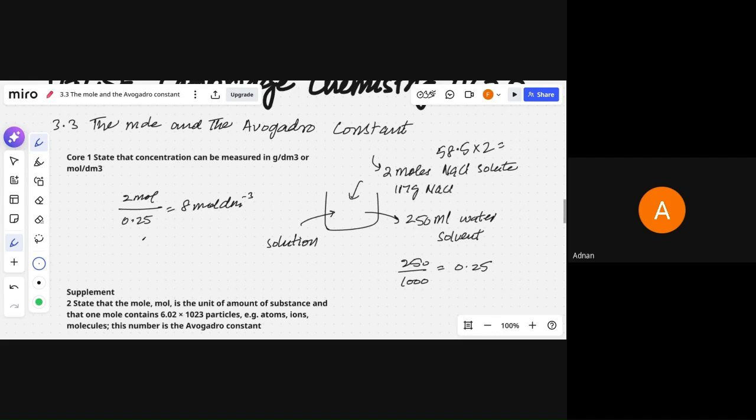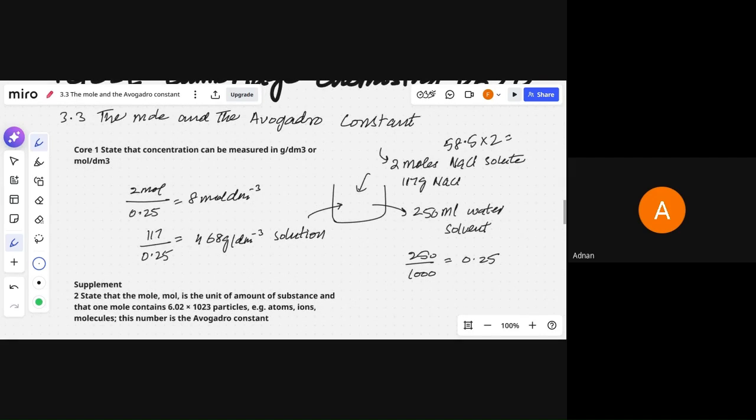So 117 divided by 0.25 is going to give us 468 grams per dm cube. So this is how we calculate concentration in grams per dm cube or moles per dm cube.